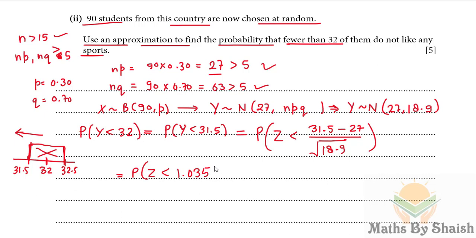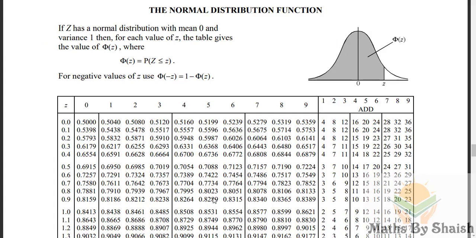Now we will calculate this by using the distribution table. Z is less than, so we can directly calculate phi of 1.035. So let's check it. 1.0 is this column, then 3 is here, and then 5 comes here.